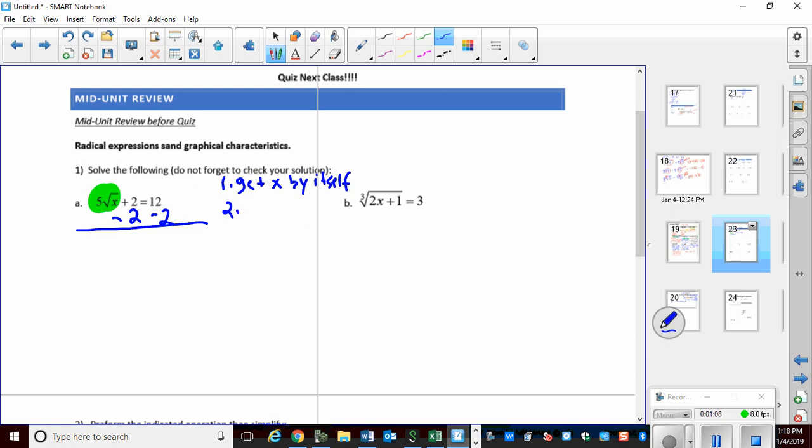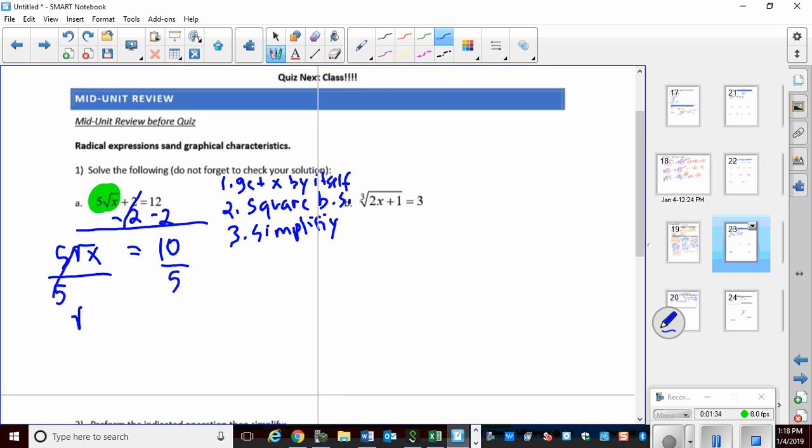Then square both sides. Then simplify, right? Simplify. So I get 5 square root of x. This goes away. Equals 12 minus 2 is 10. Divide both sides by 5.